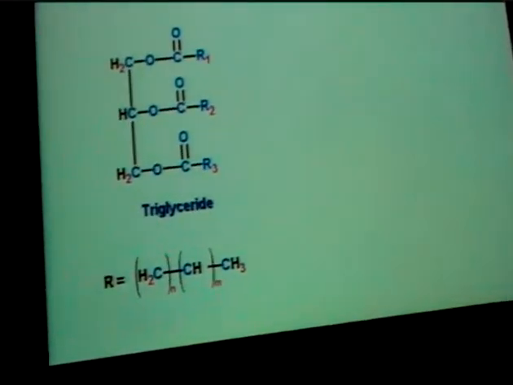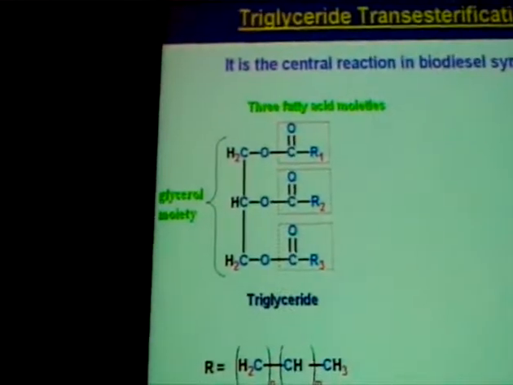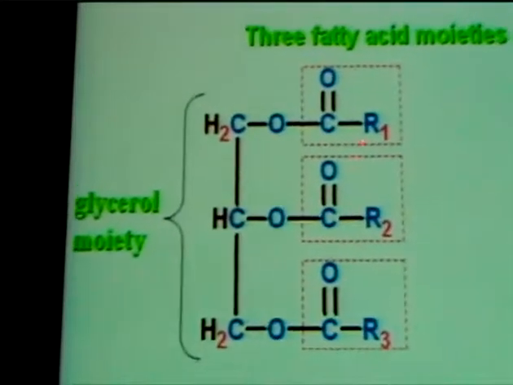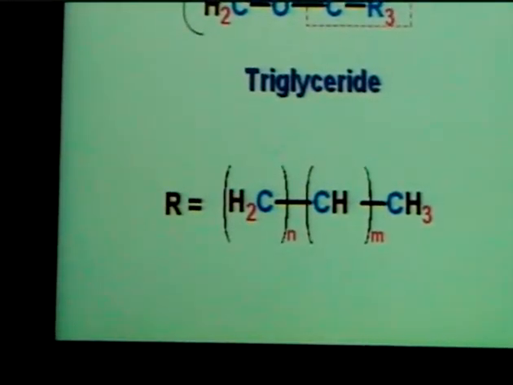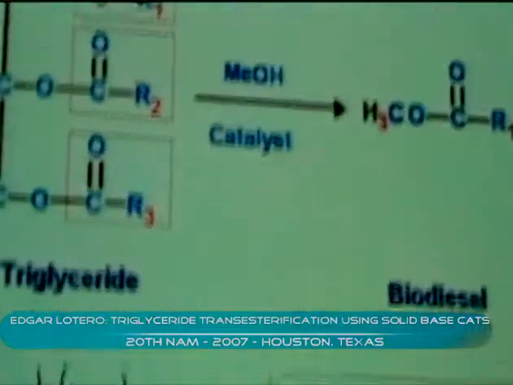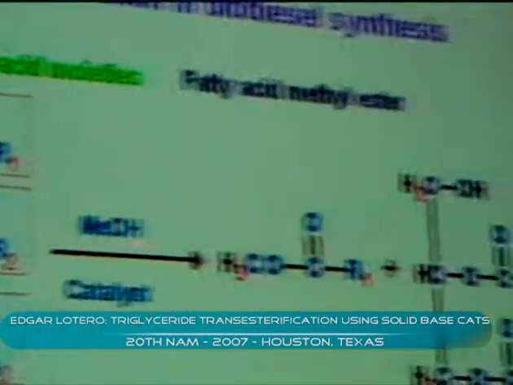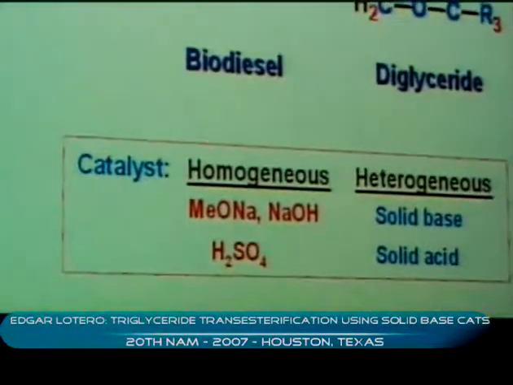So, just to make things faster, a triglyceride is a tri-ester of glycerol with three acid moieties where the alkyl chain can be either saturated or unsaturated. The reaction takes place with low molecular weight alcohols like methanol, ethanol, propanol, butanol.